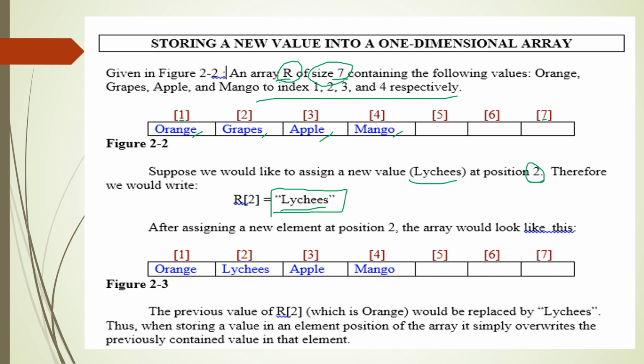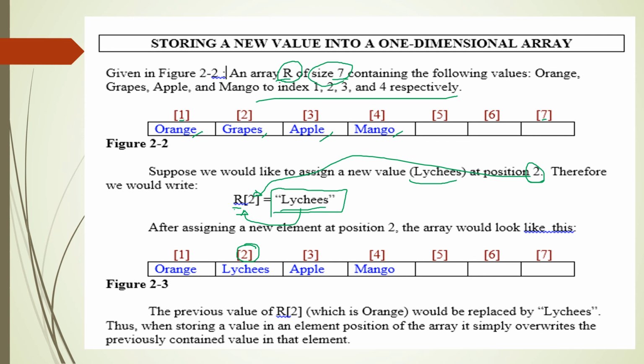Since we're going to store lychees at position 2, we are referring to index 2. So that will be R sub 2 equals lychees. 2 is the position, and R is the name of the array. So we're going to assign lychees to R sub 2.